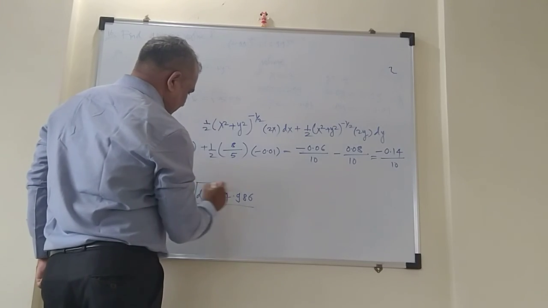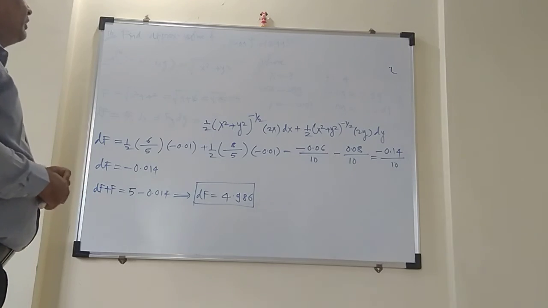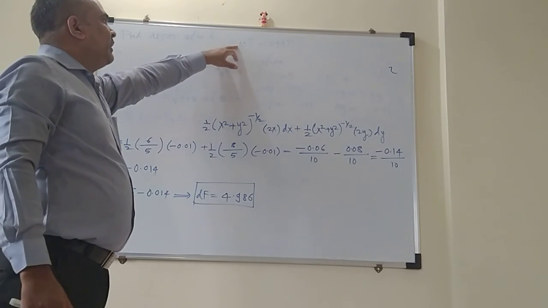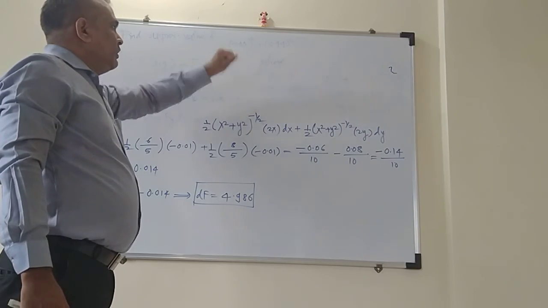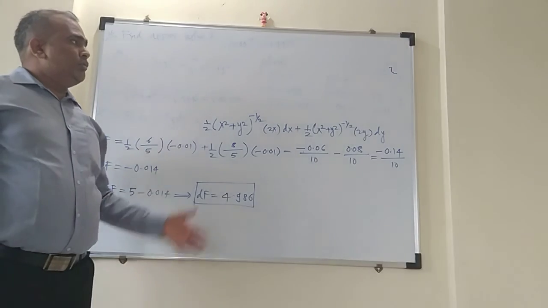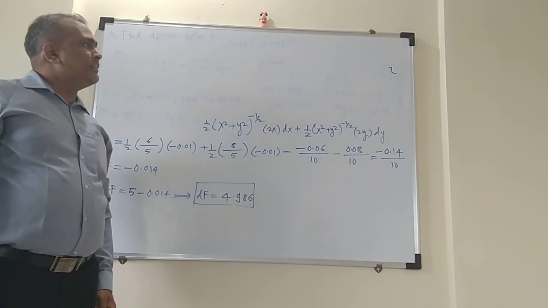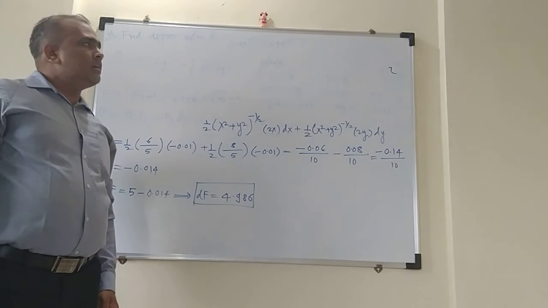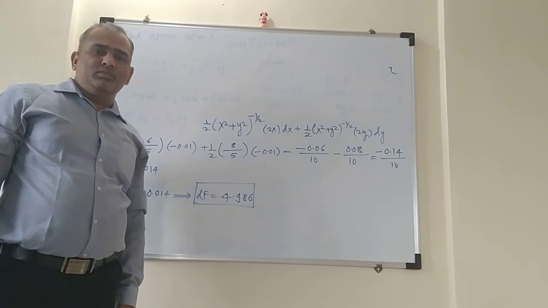So this is the approximate value of your given function, square root of 2.99 bracket square plus 3.99 bracket square, using total differentiation. Hope you have understood all these various problems that we have studied now, and in the next video we are going to solve some more problems based on the same topic, that is total differentiation.